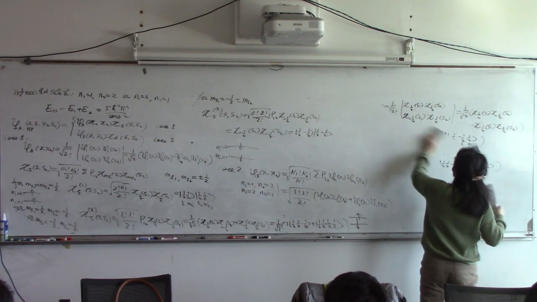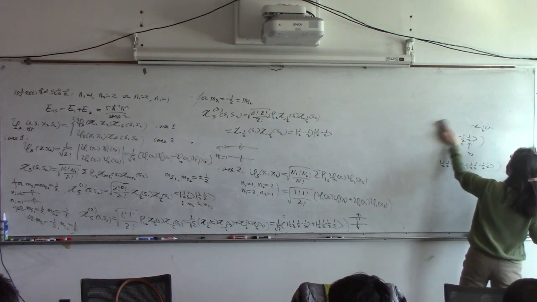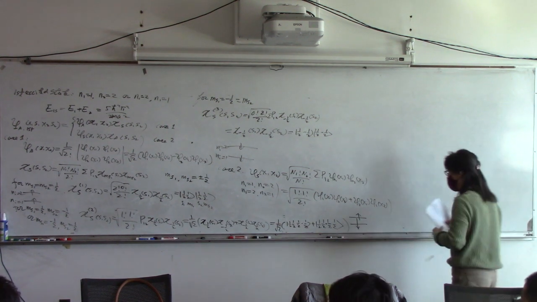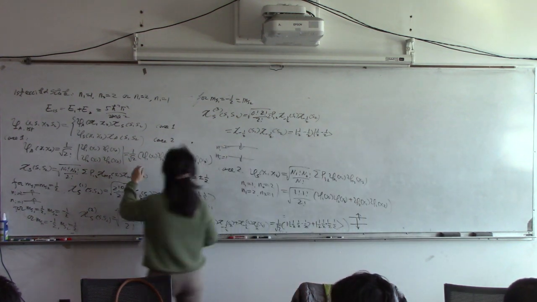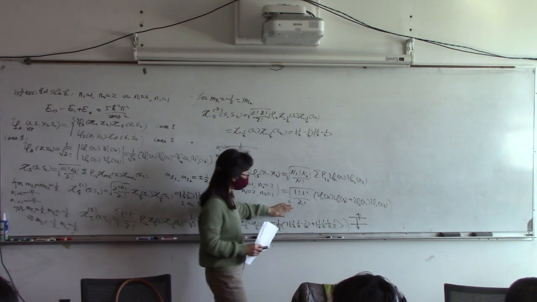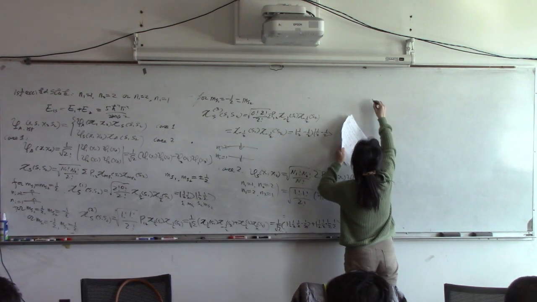So we have only one symmetric function in the spatial part for this configuration, that n1, n2 equal to 1 is 1 and 2. So we have only one. Then now how many antisymmetric for spin?